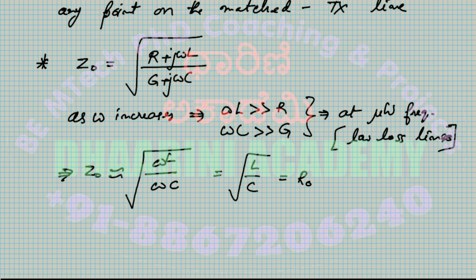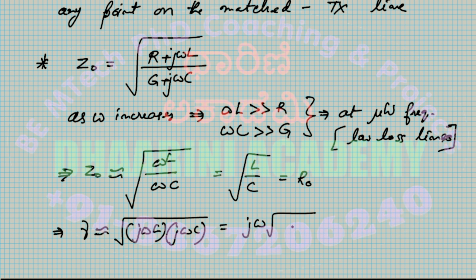Let's look at gamma now, what happens, because we know the other parameters also. At the same time, what is gamma now? Again, gamma is approximated to under root of R plus j omega L, but I have just j omega L, correct? Times j omega C. So j omega into j omega goes out as j omega into root LC, right?